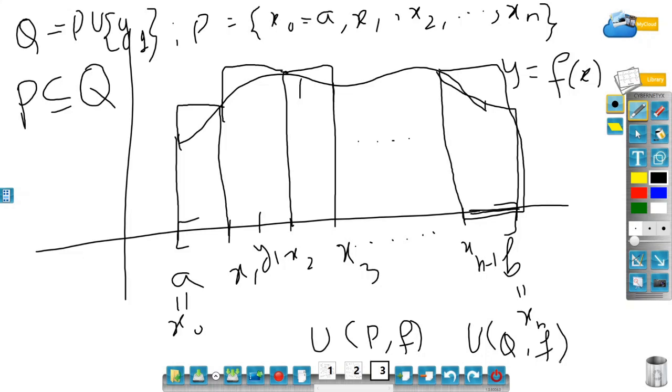But if I go for U(Q, f), then there is one extra point, because all the rectangles will come and there is one more point, so I need to draw for that point. So definitely an extra rectangle has been added, and I need to find this.